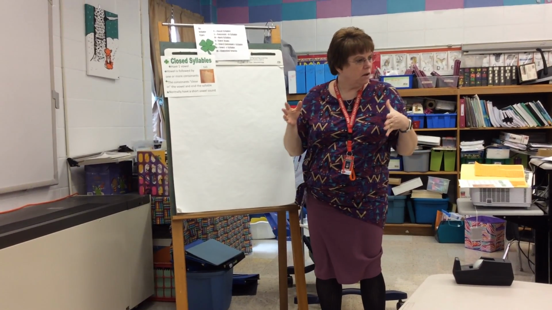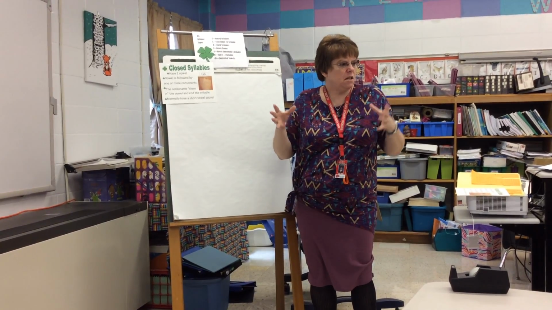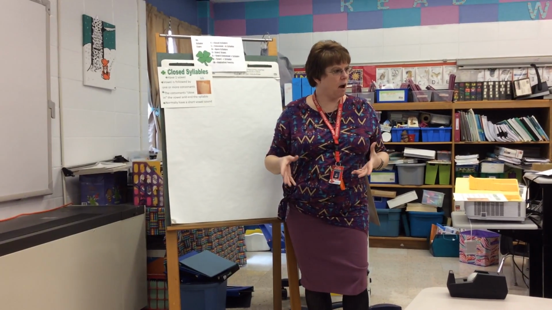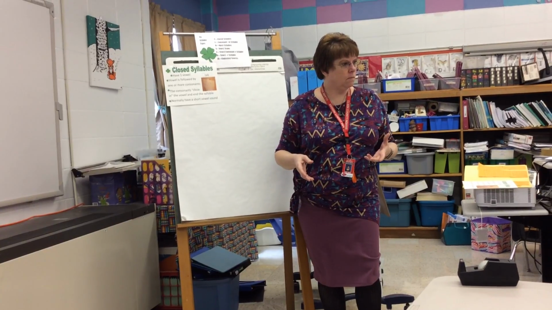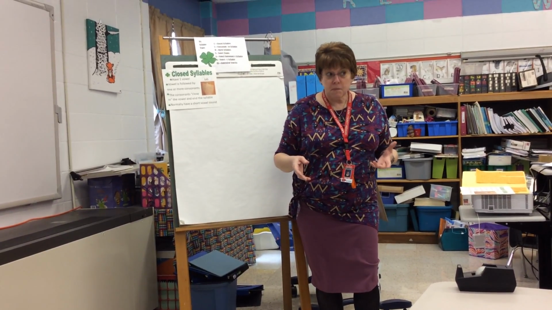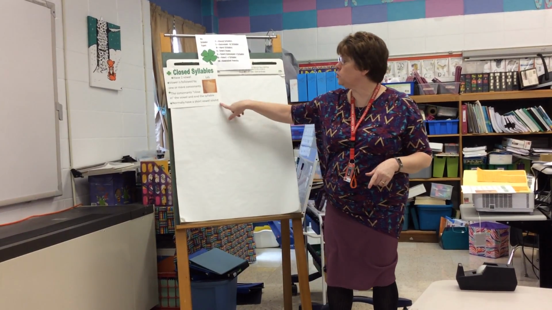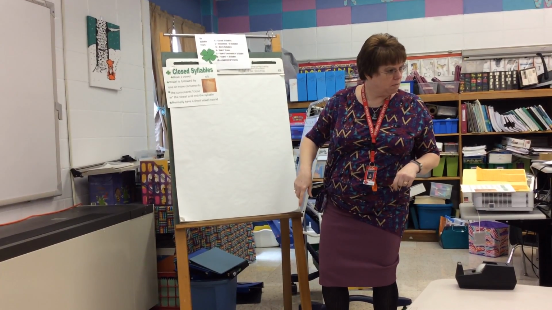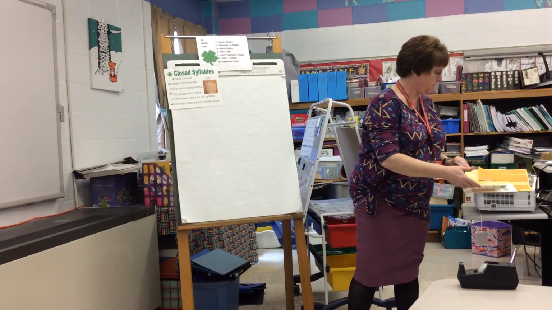And the reason it's called closed is because those consonants close in the vowel. And what kind of sound does that vowel make? Short. It makes a short sound. And now we'll have this up here to remind you that it always makes a short sound.